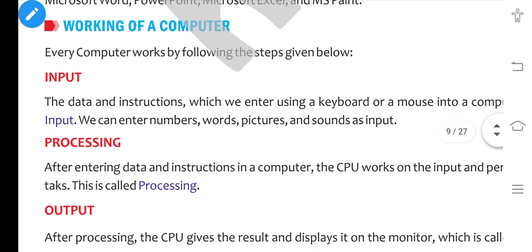Now our next topic is about the working of a computer. I told you the definition of computer first. That was, computer is an electronic device which accepts data as input and gives a result after processing.